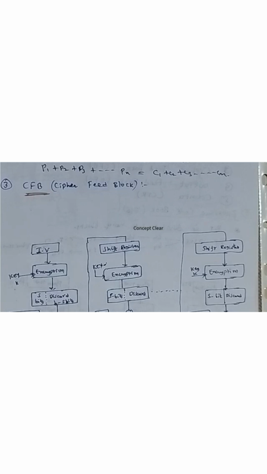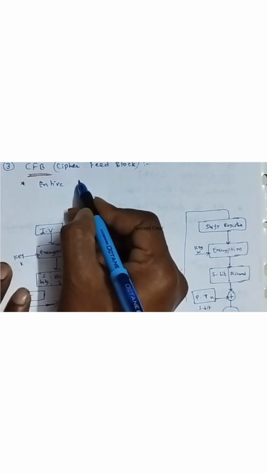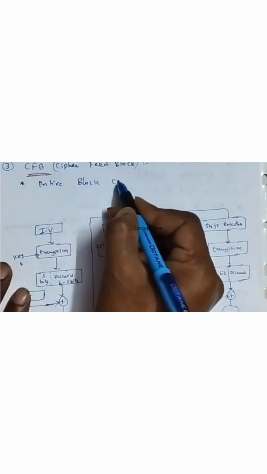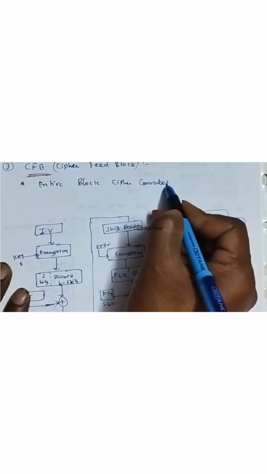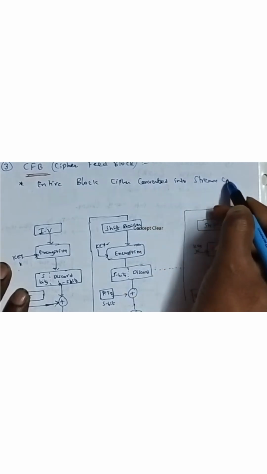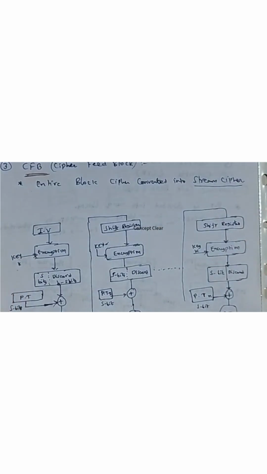In this, we have shift register operations. The size of the shift register is n bits. First we have to take the initial vector. The entire block cipher is converted into a stream cipher.